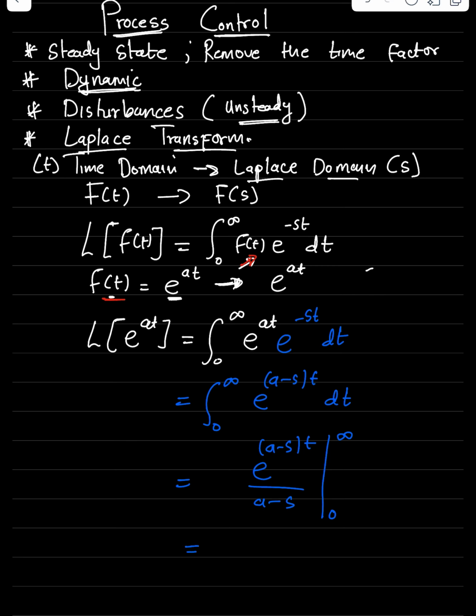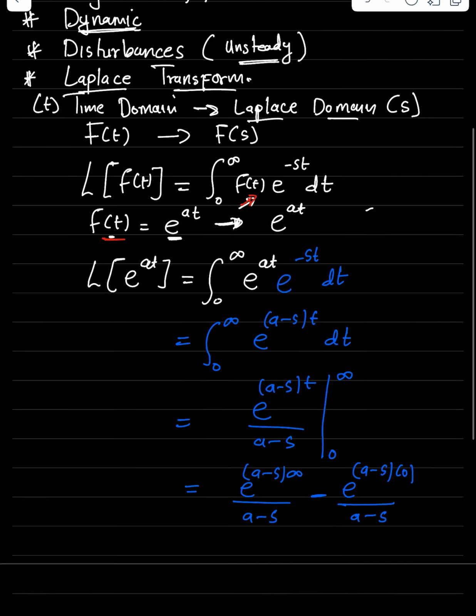So now you're going to substitute your limits. Your first limit is infinity. So you have e to the (a minus s) infinity over (a minus s) minus e to the (a minus s) 0 over (a minus s), right? So here you have to establish a certain condition to make sure that this thing converges.